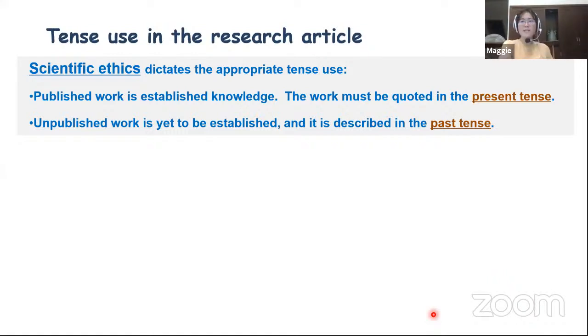Next, talk about the tense used in the research article. Scientific ethics indicates the appropriate tense use. Published work is established knowledge, so the work must be quoted in the present tense. Next, the unpublished work, the work you are writing about in this manuscript, is yet to be established, and it is described in the past tense.